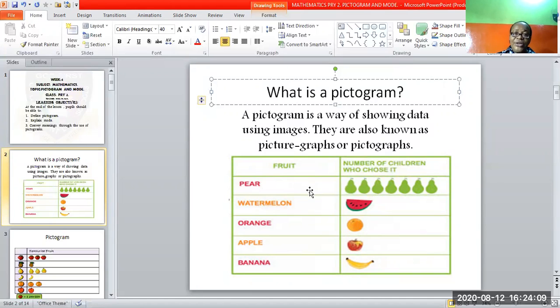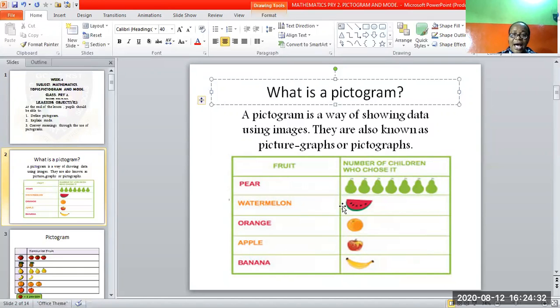The number of children who chose to eat pear are 1, 2, 3, 4, 5, 6, 7. Seven children took pear fruit. It's represented in the pictogram.